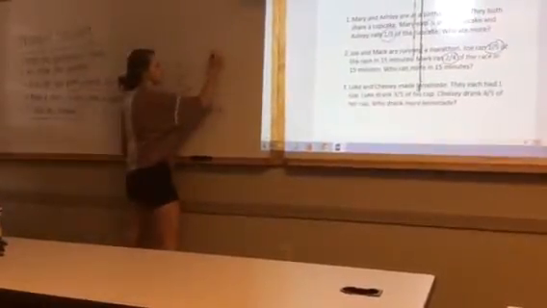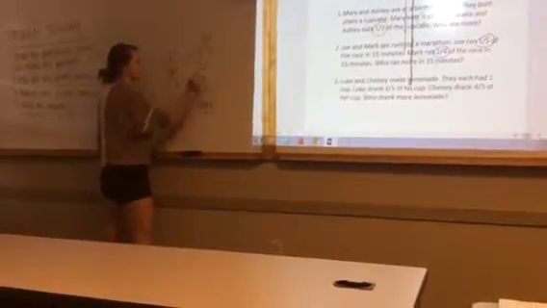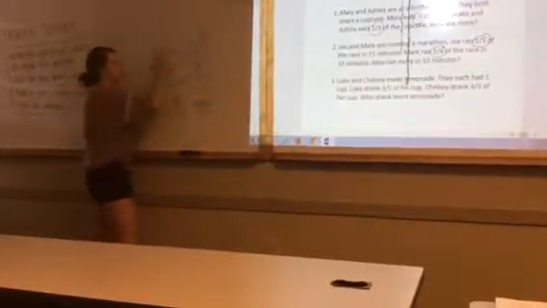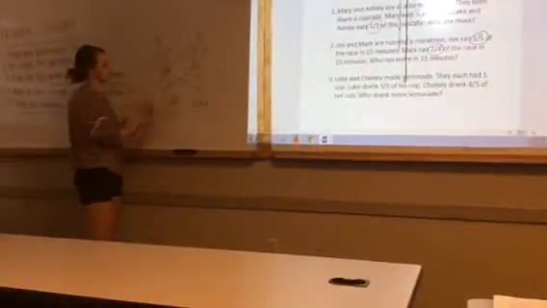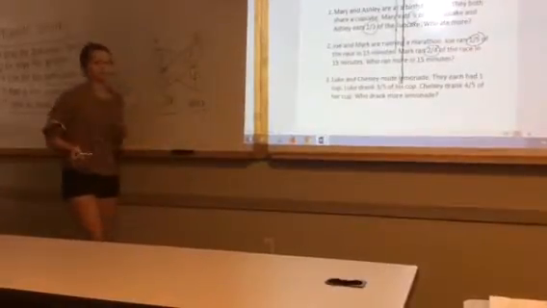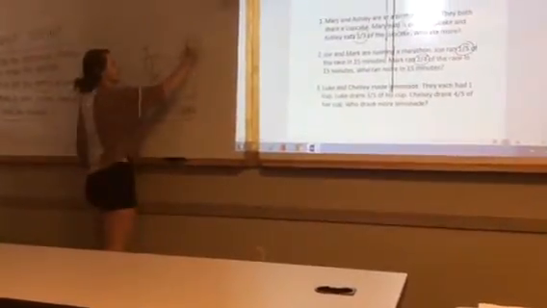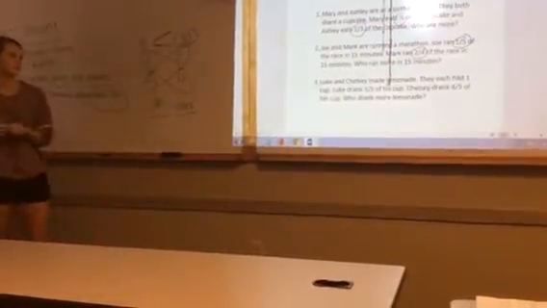Multiply 5 times 2, which is what? 10. And 1 times 4, which is what? 4. So who ran more, Joe or Mark? Joe ran 4. Mark ran 10. Who ran more? 10. So you'd give him the less than symbol.